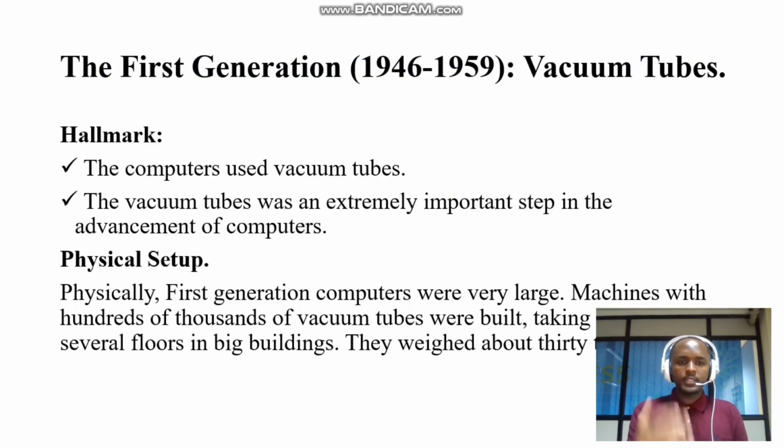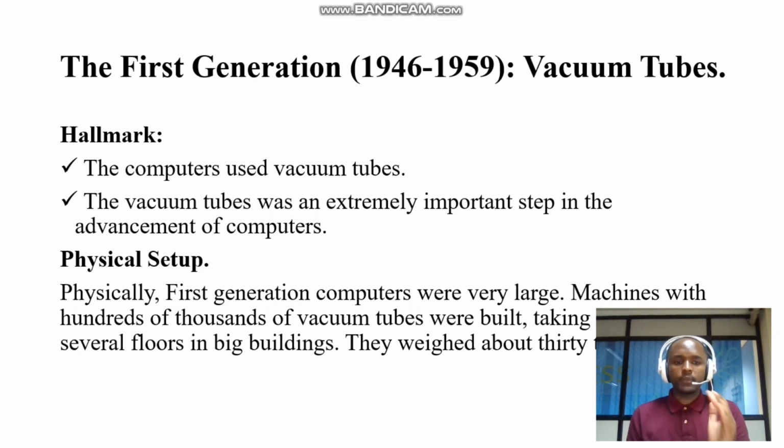The first generation computers were majorly between 1946 and 1959. The main invention there was vacuum tubes, which means the computers used vacuum tubes. The vacuum tube was an extremely important step in the advancement of computers.